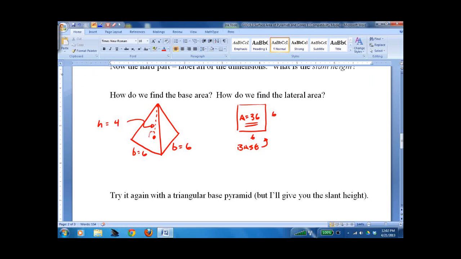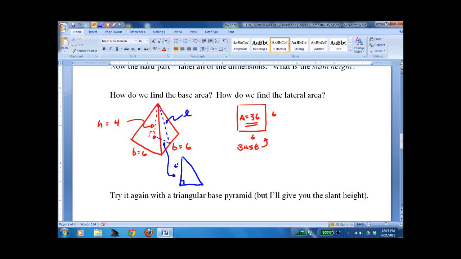Now the hard part. I need to find L. Well, if we look at this triangle here, and I'll redraw this triangle down here. This is the part that's very hard to see.